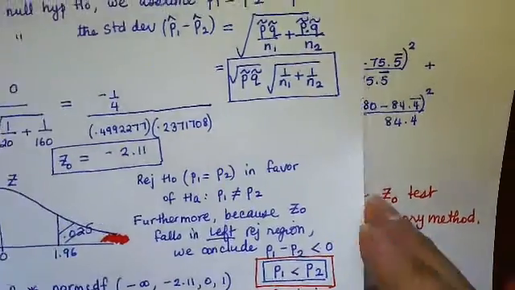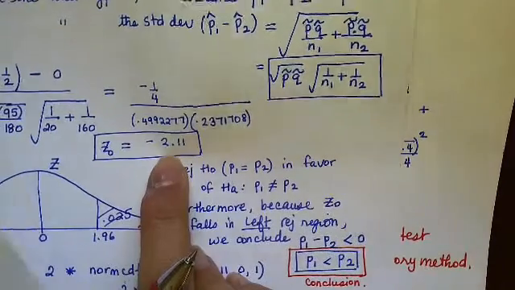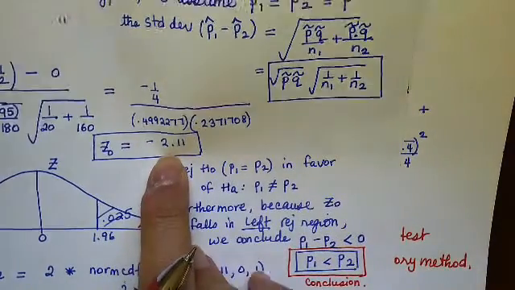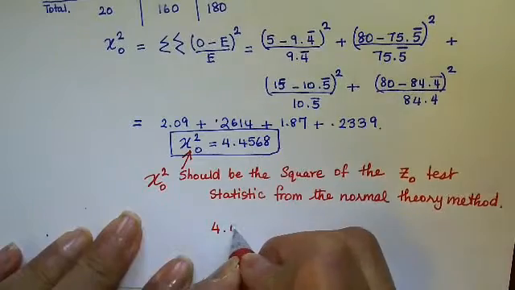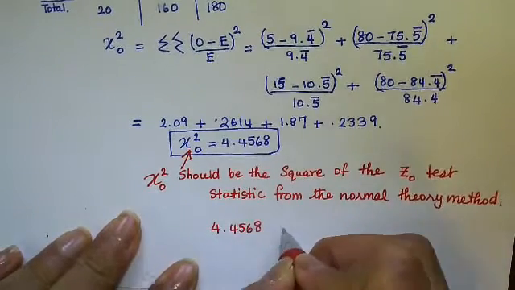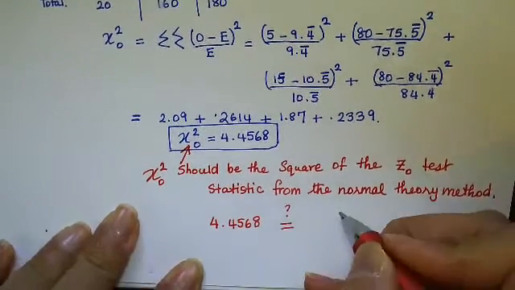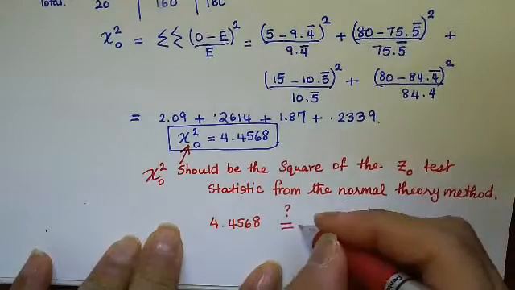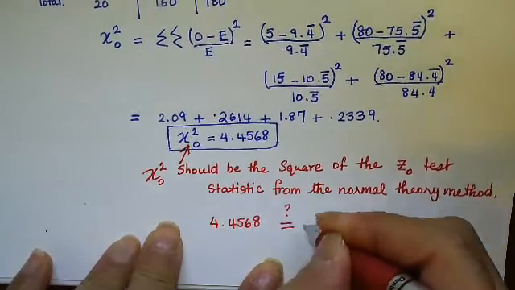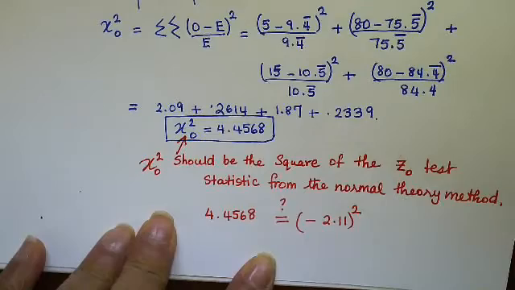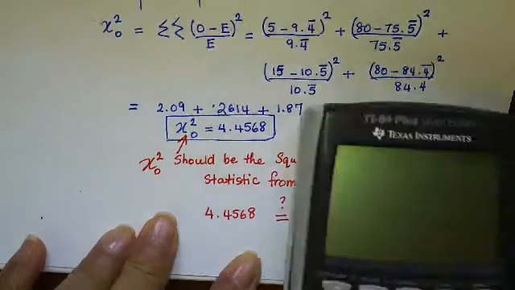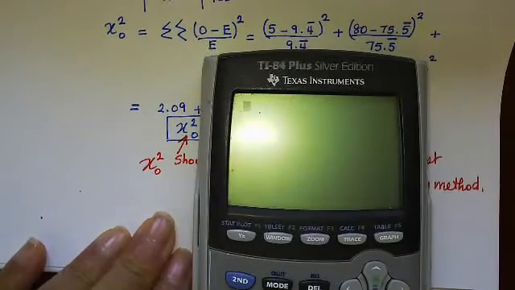So let me go back to my normal theory method and pick up the Z0 that I found there. The Z0 that I had found was minus 2.11. Let's see if this is in fact 4.4568. Is that equal to minus 2.11 squared?